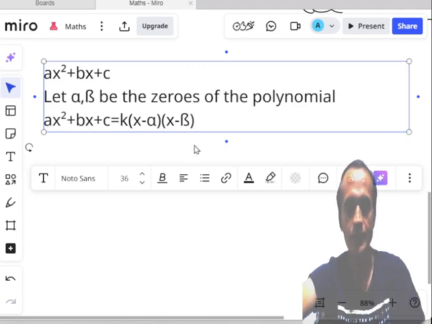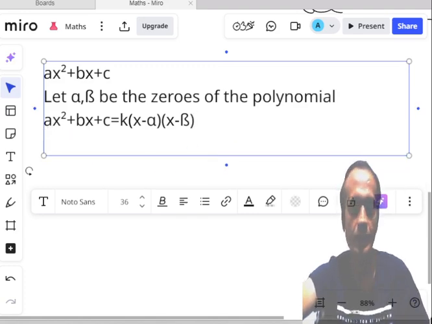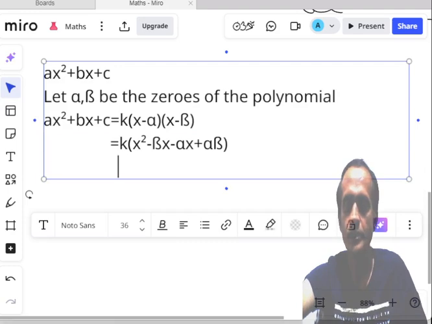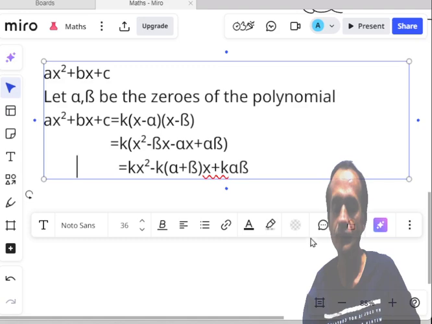So from this equation we simply multiplied x minus alpha and x minus beta: x into x is x square, x into minus beta is minus beta x, minus alpha into x is minus alpha x, minus alpha into minus beta is alpha beta. So this is what we finally get: k x square minus k into alpha plus beta x plus k alpha beta.